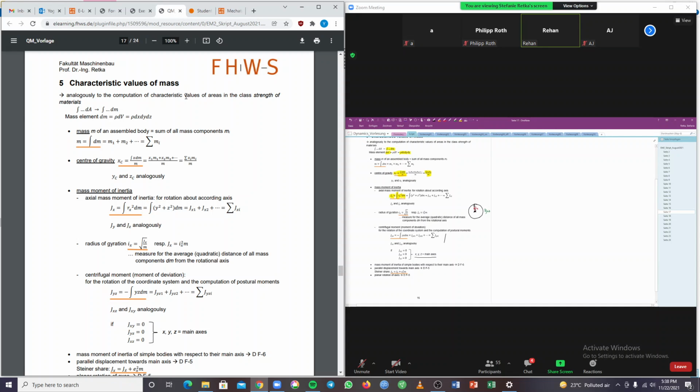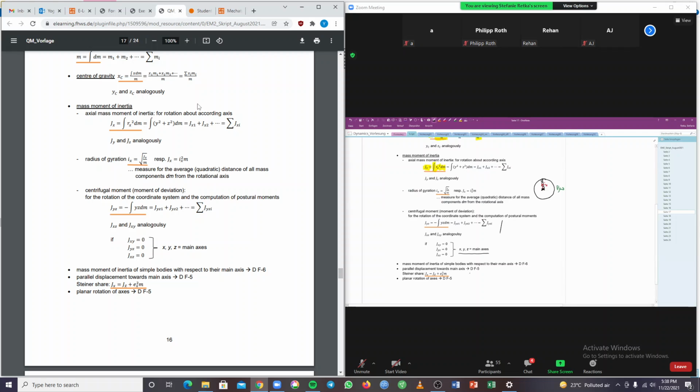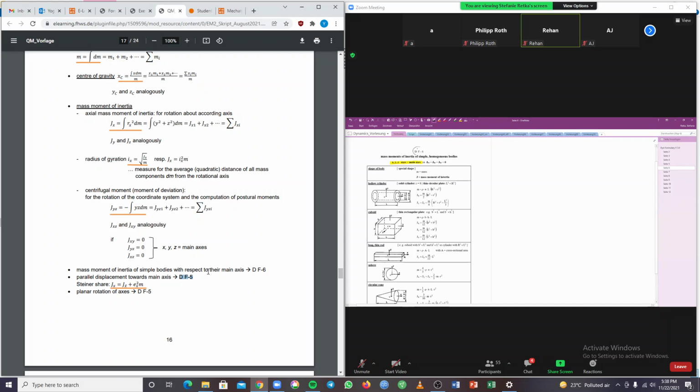What are these? These are the pages in the formulary. Dynamic formulary, page 5. So if you have, well, here it's page 6, for example, DF6. It's the page number. And the previous page would be DF5. Yeah, all right. Thank you, sir. Yep. Okay. Other questions?